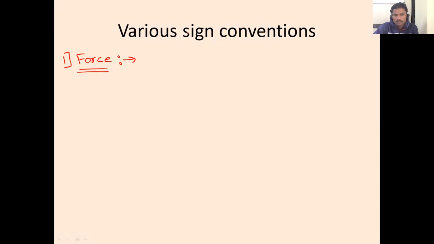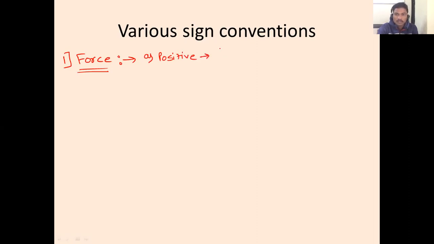The force along positive x-axis and along the positive y-axis is considered as positive. Very good.